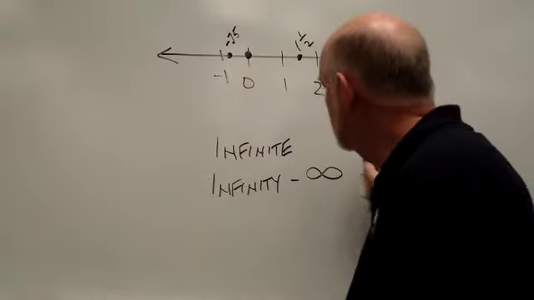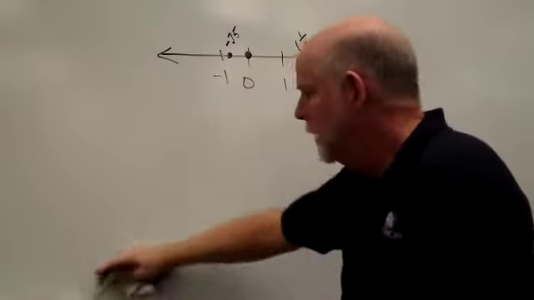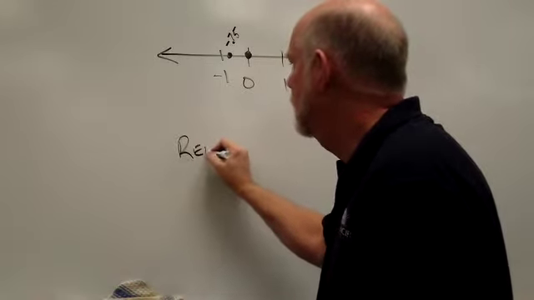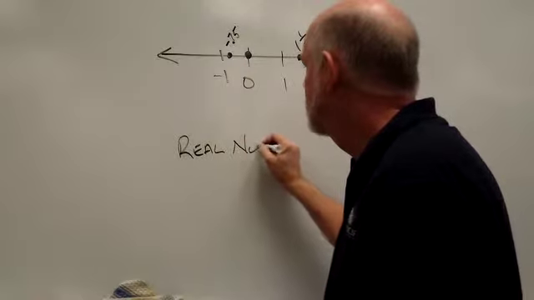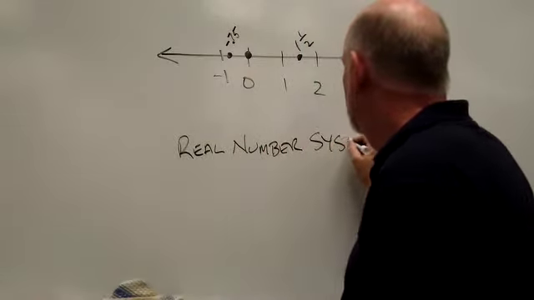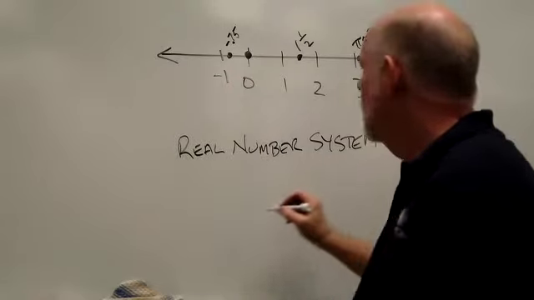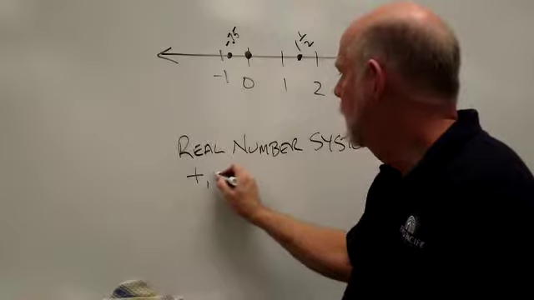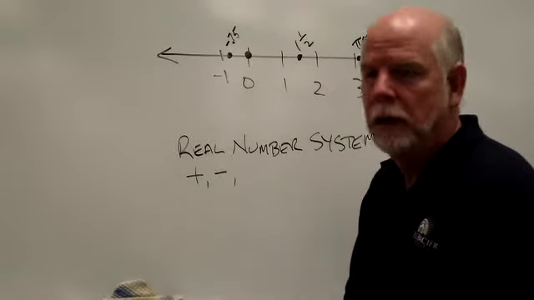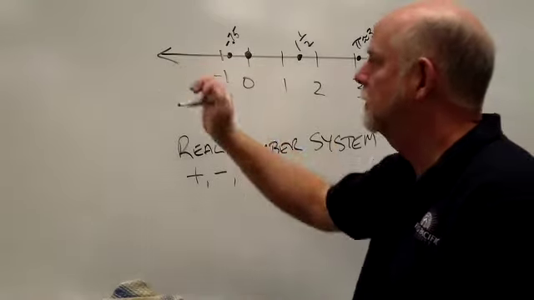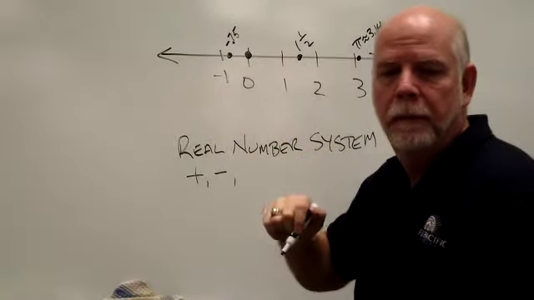And so you need to have an understanding of that concept, what the real numbers include. The CSET expects you to know that. And so the real number system includes all the positive numbers, all the negative numbers, okay, positive fractions, positive decimals, positive whole numbers, negative fractions, negative decimals, so on, okay.